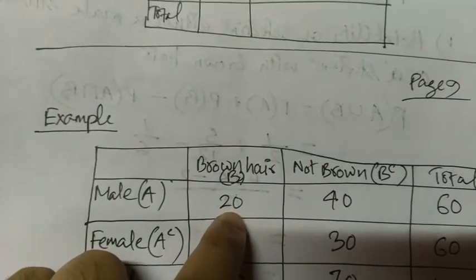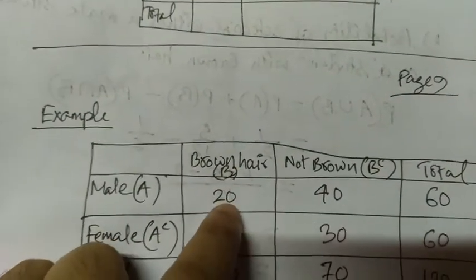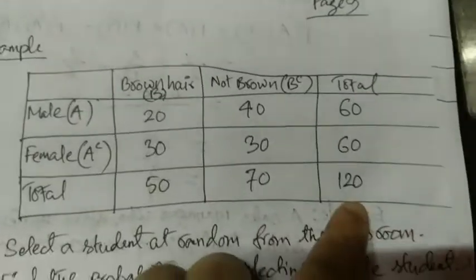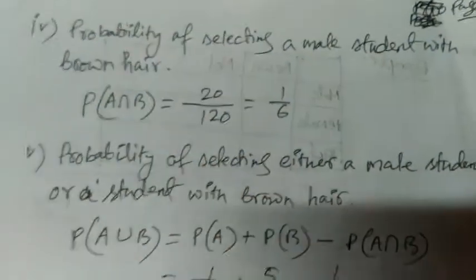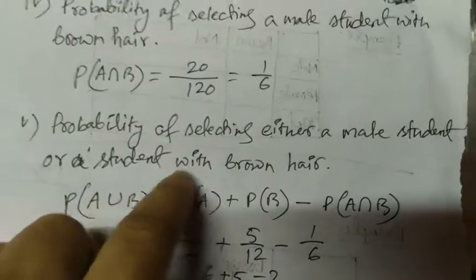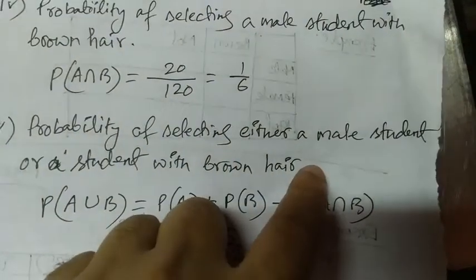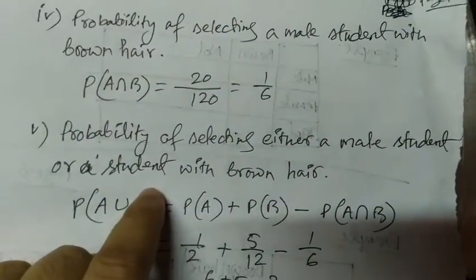So that means we have 20 male students with brown hair out of 120. So probability of selecting a male student with brown hair is 20 divided by 120. That is 1/6.